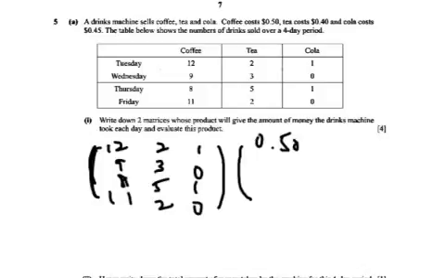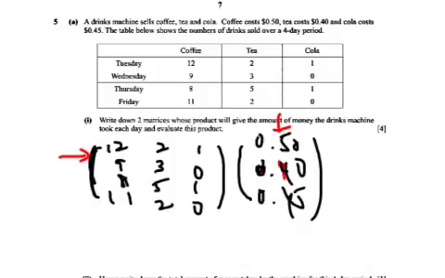which means if I multiply the first row and the first column, 12 is multiplied with 0.5, and the next one is 0.45, 0.4, and the last one is 0.45.